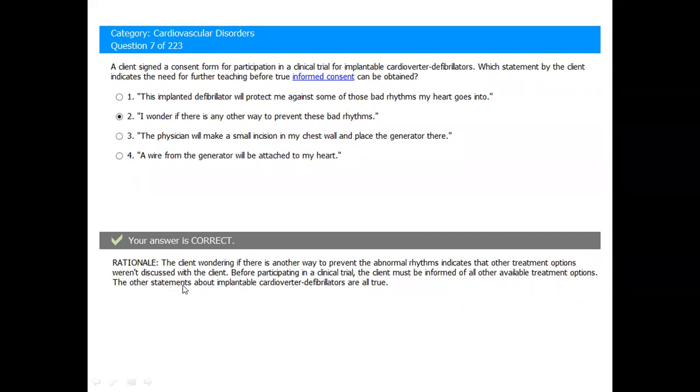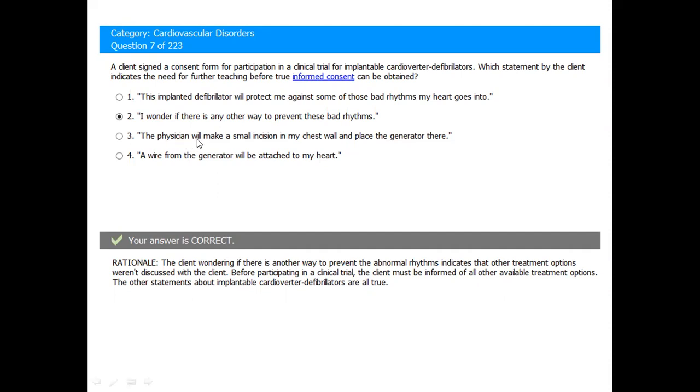The other statements about the implantable cardioverter defibrillator are all true. What is true means this implanted defibrillator will protect me against some of those bad rhythms, irregular rhythms, missing rhythms.